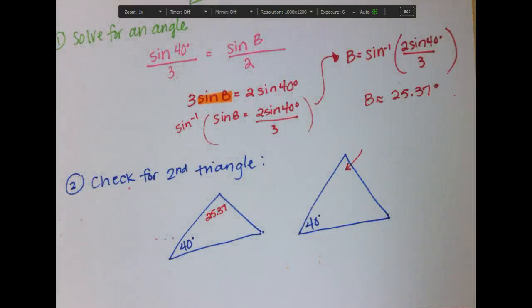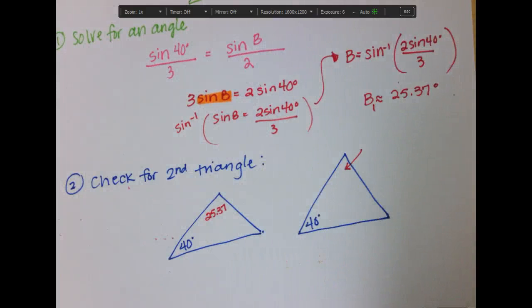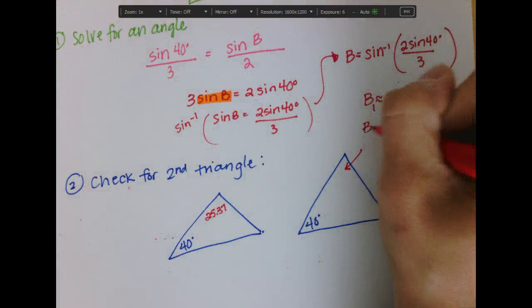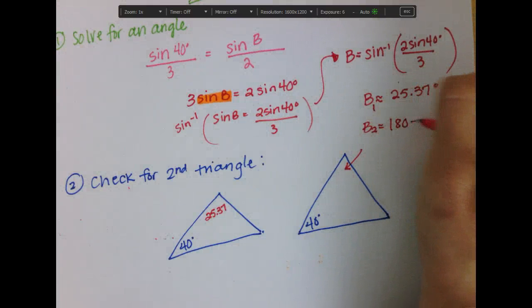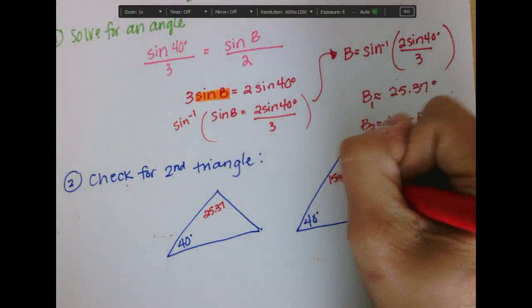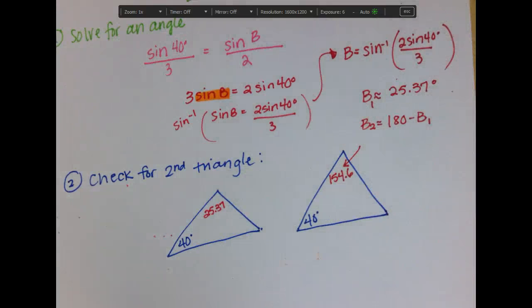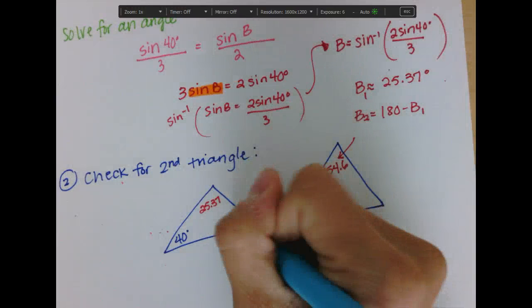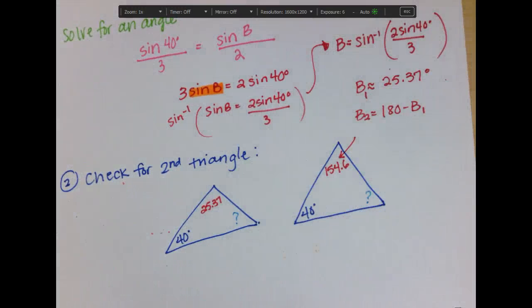Remember how we find the other option for that angle. B1 is 25.37, B2 is 180 minus that angle, so we're finding its supplementary angle, and we get 154.6 degrees. Now, let's use the fact that triangles add up to 180 to solve for each of the missing angles. If they both work, then we know we have two triangles. If only one of them works, then we only have one triangle.